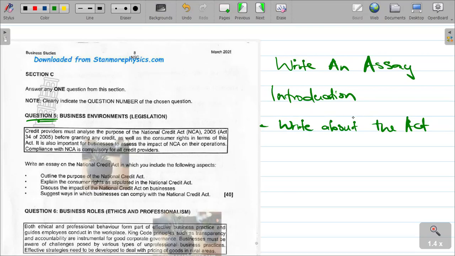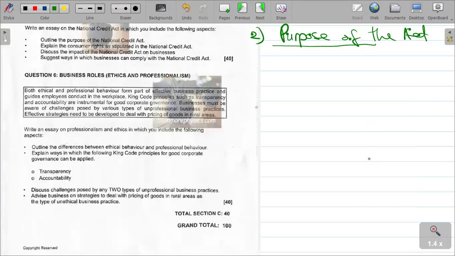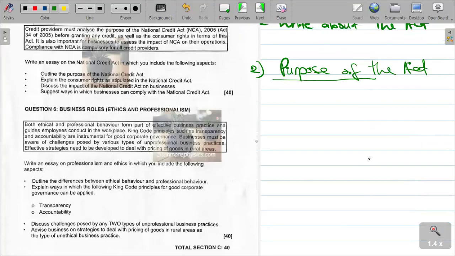So the next thing that you're going to write is about the purpose. This is the introduction, and then number 2, the purpose of the Act. The purpose of the National Credit Act is to, 1, promote a fair, competitive credit market.